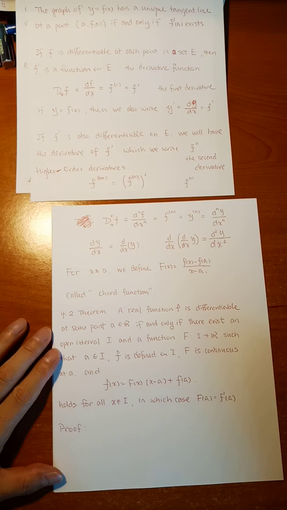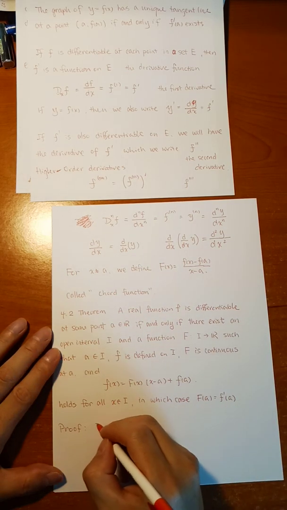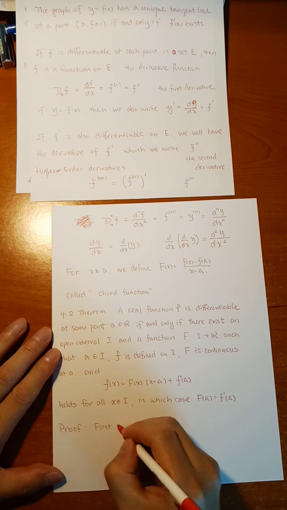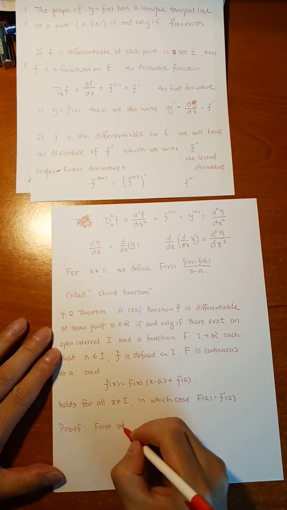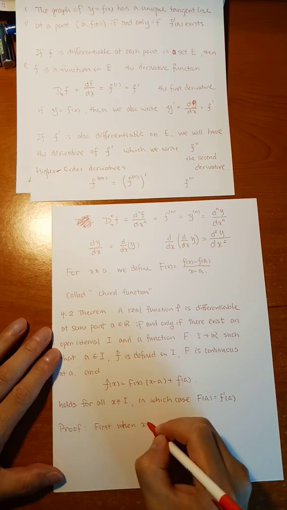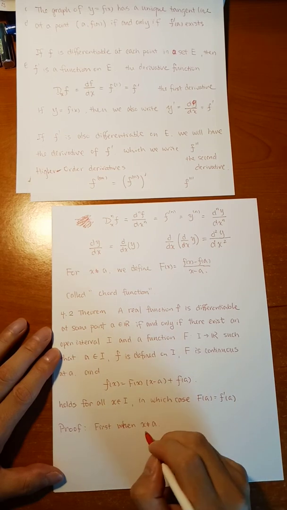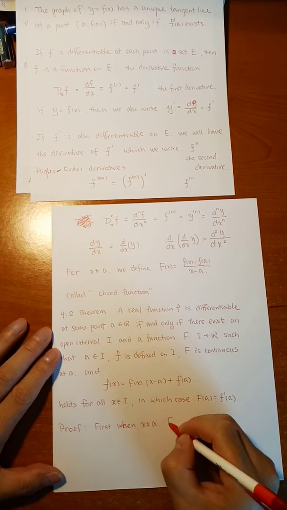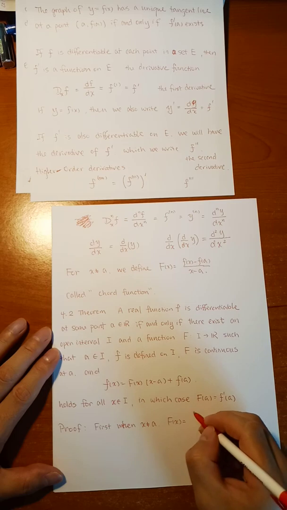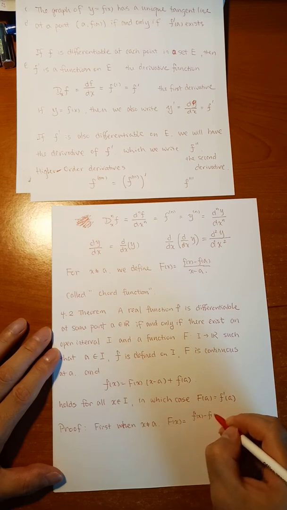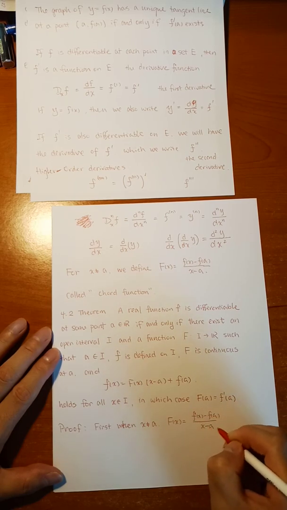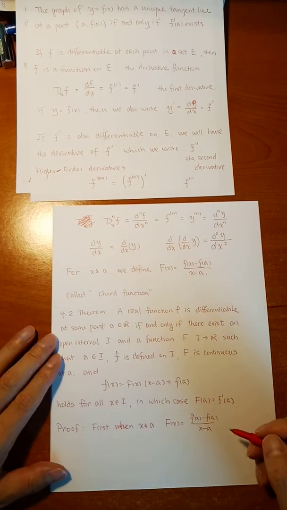First of all, when x is not equal to a, capital F is equal to f(x) minus f(a) over x minus a. This always exists.